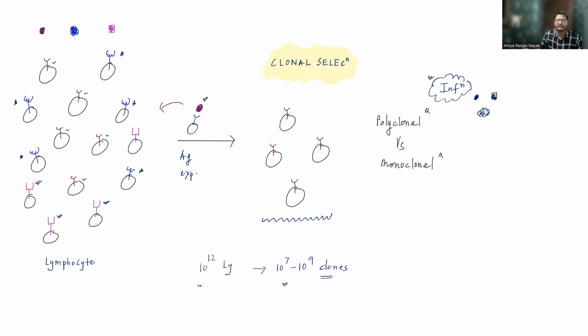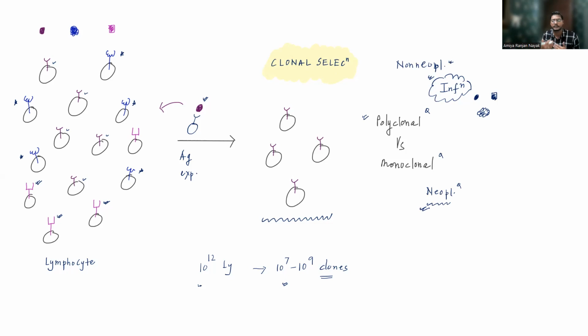Here I'm just giving an example. Any non-neoplastic immune response is going to produce this polyclonal type of lymphocyte activation. However, whenever there is neoplastic lymphocyte proliferation, it is going to activate only a particular clone of lymphocytes. So this is how we differentiate.